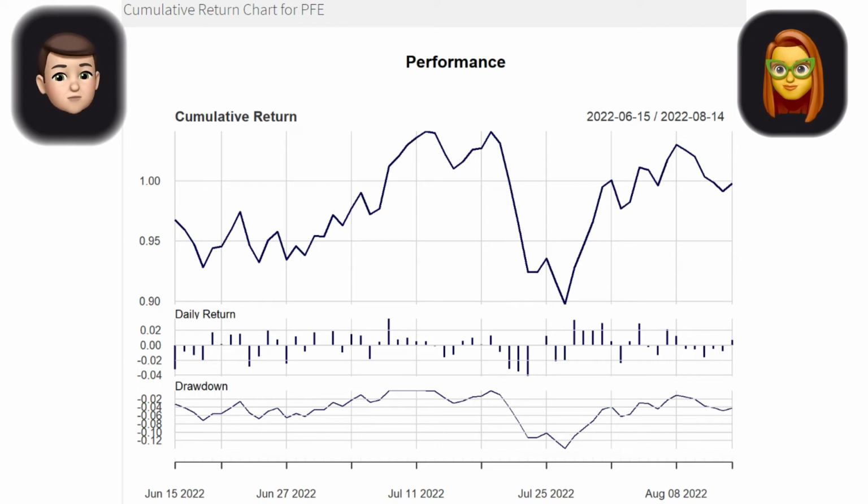Cumulative returns do not give absolute information about the buy or sell signal or the timing of these, but it can give an idea about the contribution of the investment instruments to the investment portfolio and its periodic performance. When the chart is carefully examined, it can be seen that the cumulative returns have been increasing recently. This situation can be considered as a positive signal about the investment vehicle.